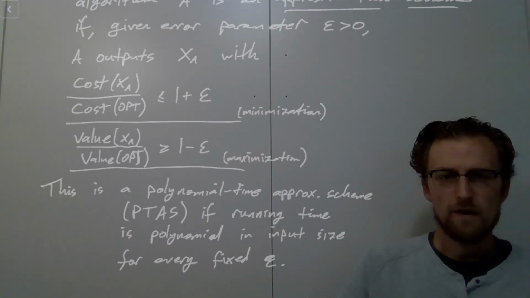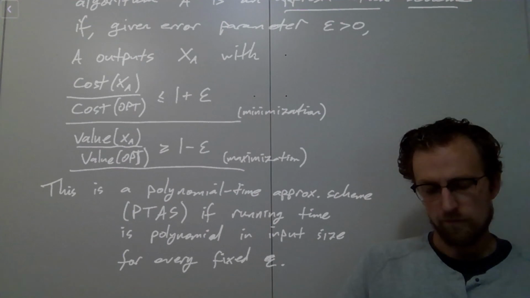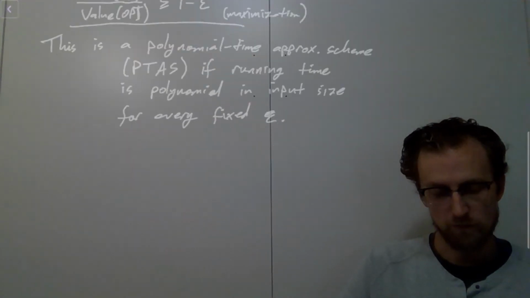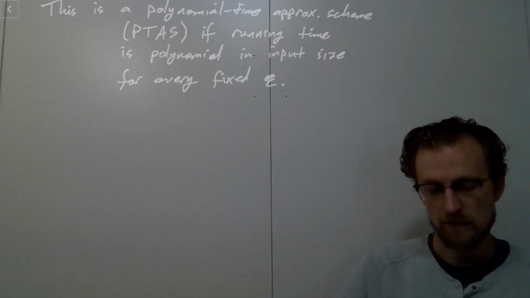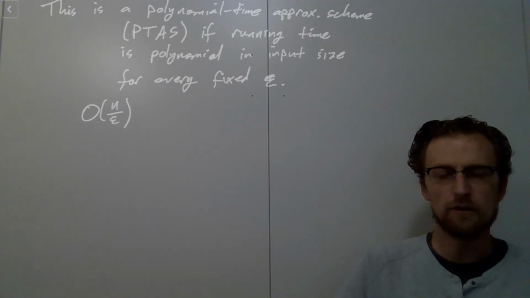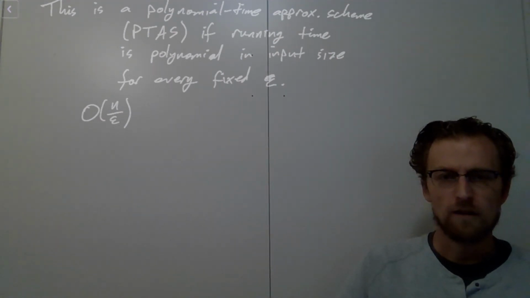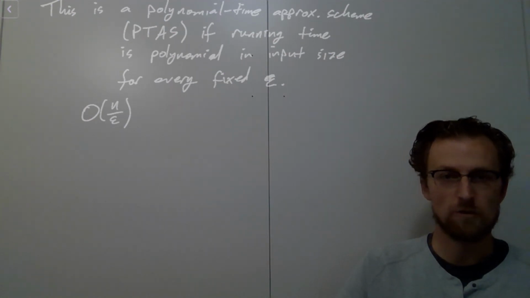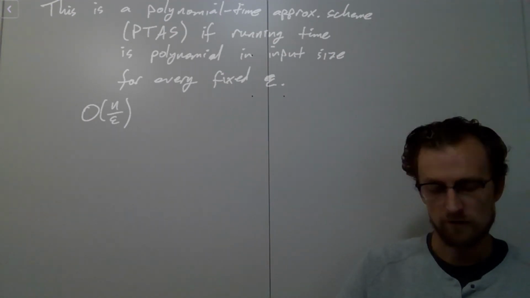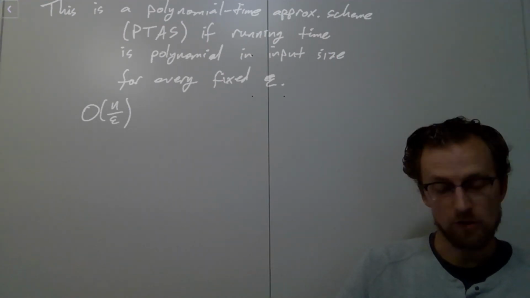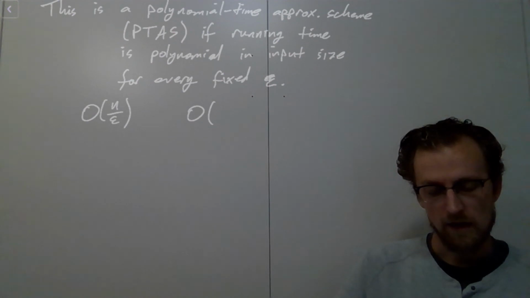All right. And so, the kind of running time you might see for something like this, a common one, would be big O of n divided by epsilon, right? So this is clearly polynomial in n. And then, as you see, the smaller epsilon gets, the slower the algorithm gets, the longer it takes to run. Another thing that shows up sometimes is big O of n to the 1 over epsilon.